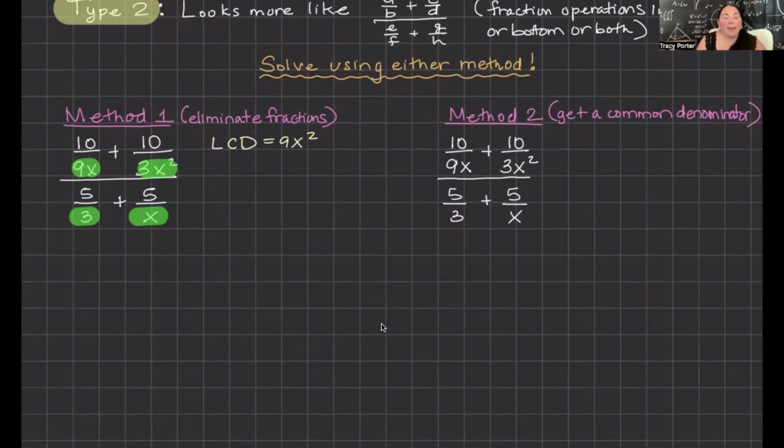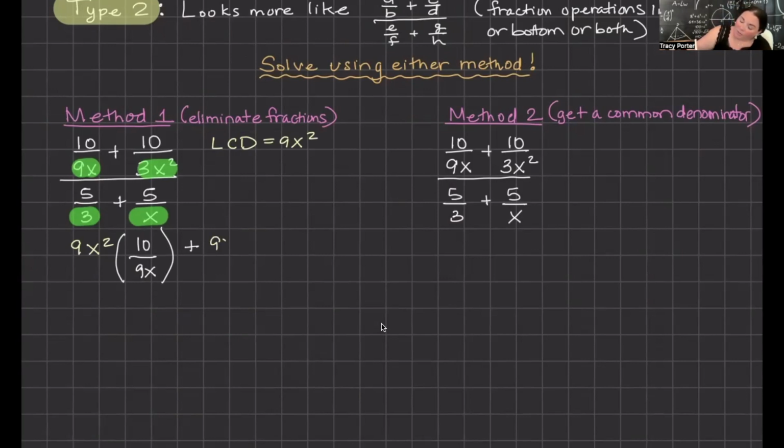So what we do after we identify what that is you want to multiply each of those fractions by the LCD. So it's going to look something like this if I were to really write it out explicitly. Okay, so that's going to be 9x squared times that first fraction.